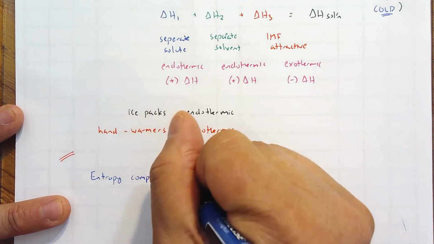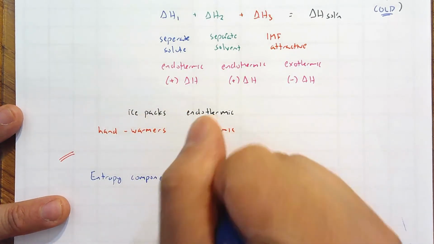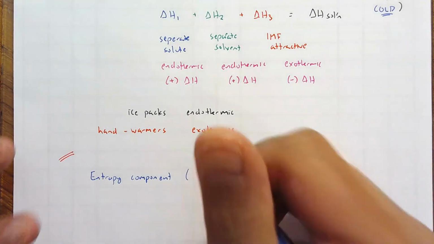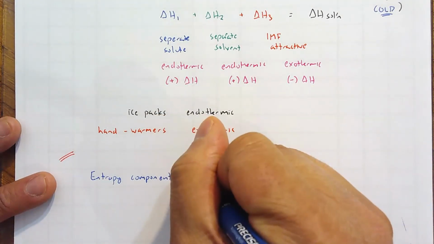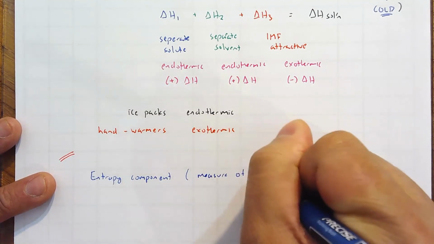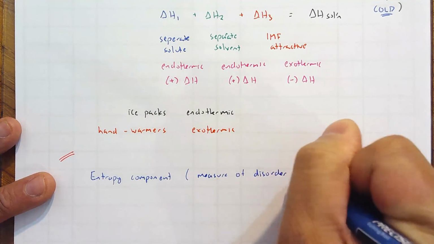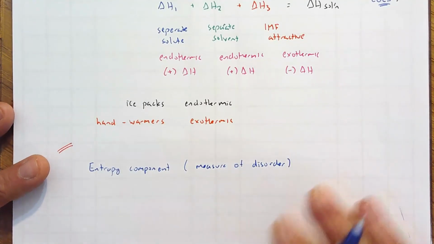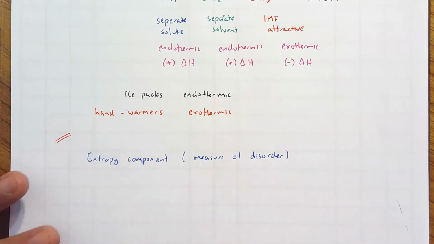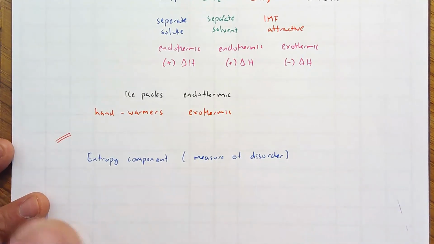Entropy component, meaning that now we're looking at the water's order, the molecules, how they are ordered or disordered. So this is a measure of disorder. You've heard the phrase, the universe tends to go towards higher entropy. That means more disorder. It is important, but not in our cases.